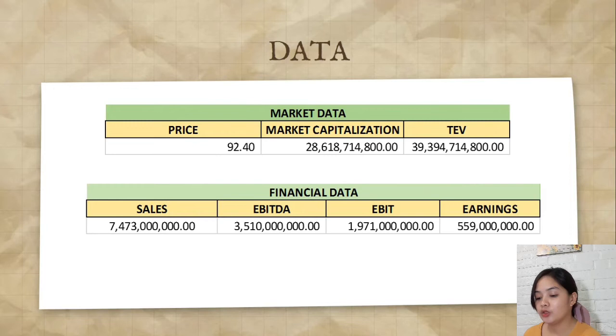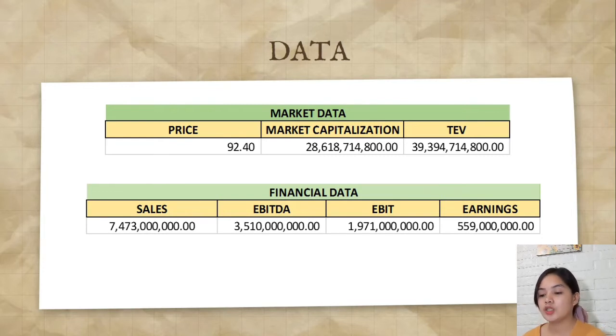Next is our market capitalization of 28,618,714,800. We use this to measure what a company is worth in an open market, as well as the market's perception of its future prospects, because it reflects what the investors are willing to pay for its stock.